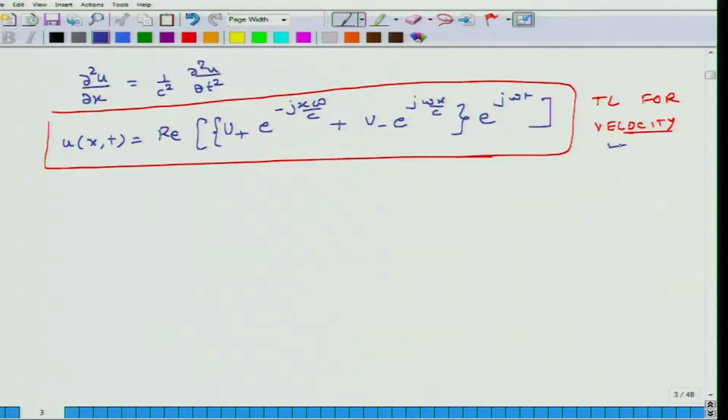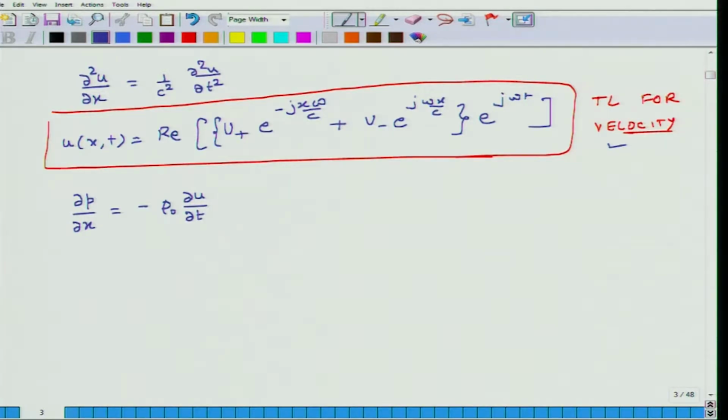So what we will do is connect these two equations, the transmission line equation for velocity with that of pressure, using Newton's second law, that is the momentum equation. The momentum equation, if you remember, states that partial of pressure with respect to x equals minus rho naught partial of u with respect to time.